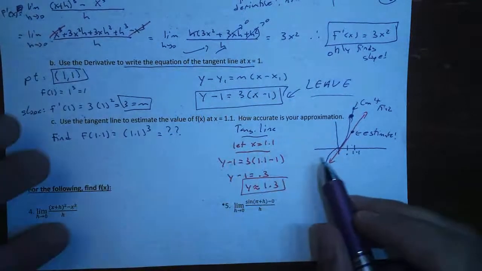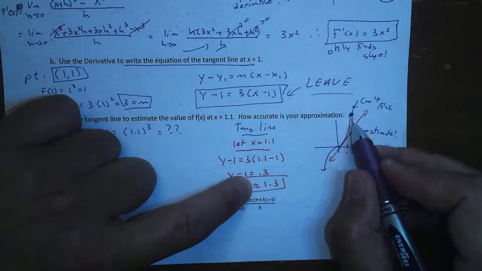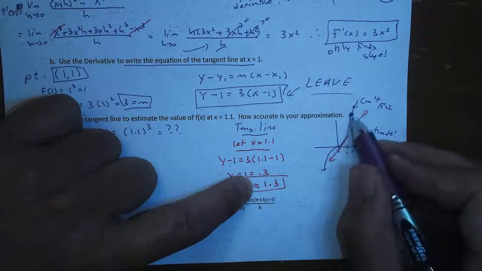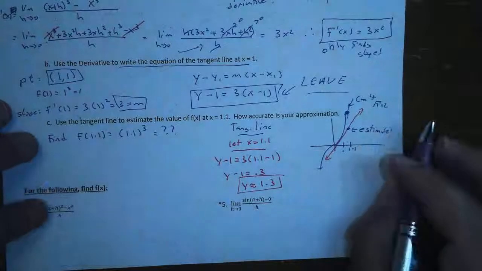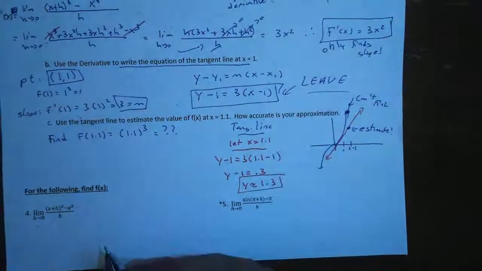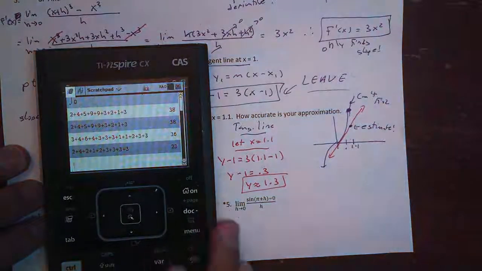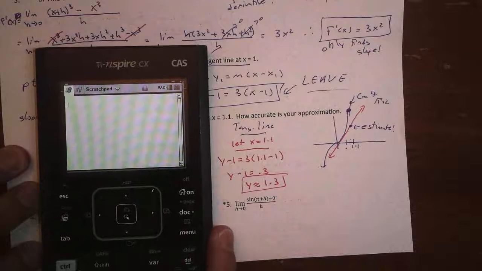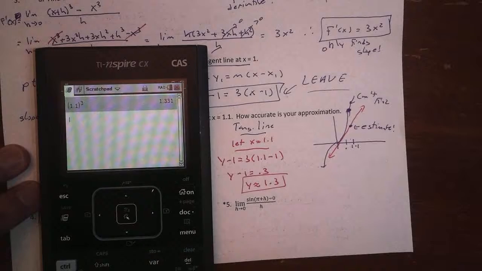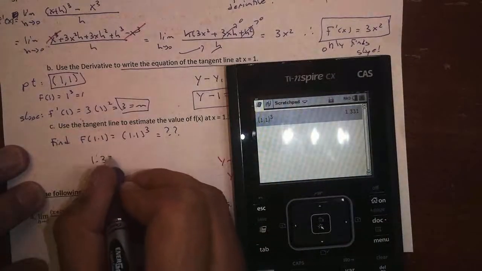And you can even look at the graph and know that this is going to be an underestimate because it's actually below the actual value. We'll talk later on about how concavity tells us that as well. If we want to find out how accurate this is, we can use a calculator. I'm going to use my calculator here. This is my Inspire right here. If I type in 1.1 to the third, wow, the actual value is 1.331.